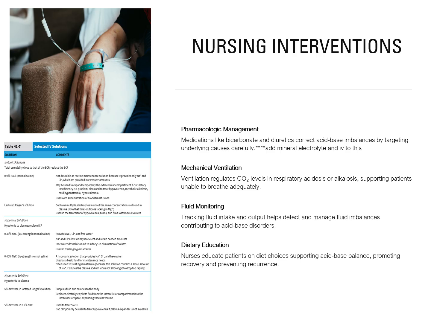We also talked a little bit about mechanical ventilation. It's another critical intervention, particularly in cases of respiratory acidosis or alkalosis. The patient's respiratory rate and depth is regulated through the mechanical ventilation, which helps control the levels of carbon dioxide in the blood.